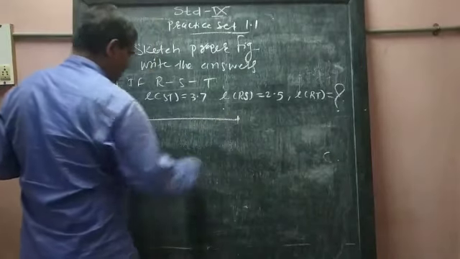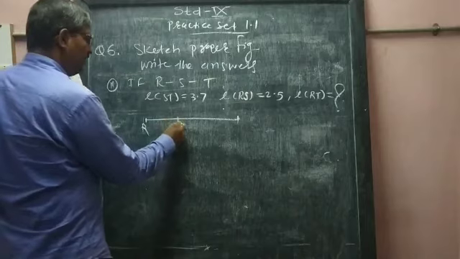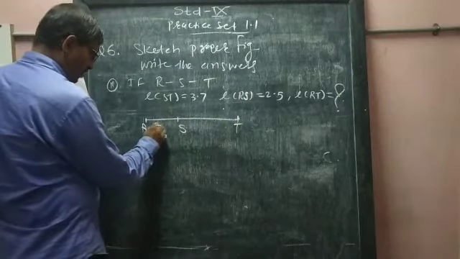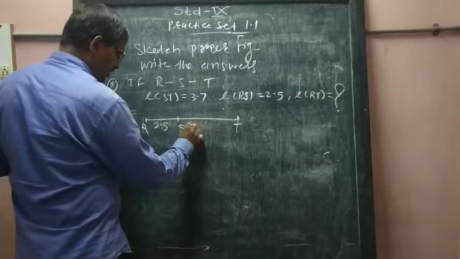So draw the diagram here. R between S between T. RS is given 2.5 and ST is given 3.7.